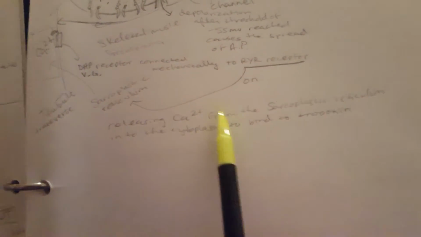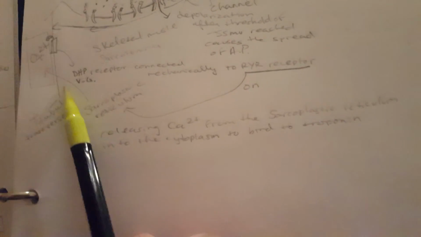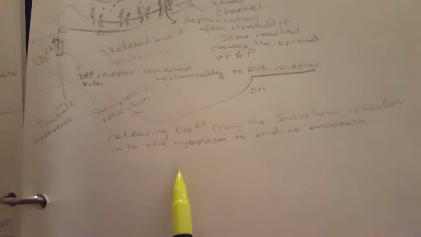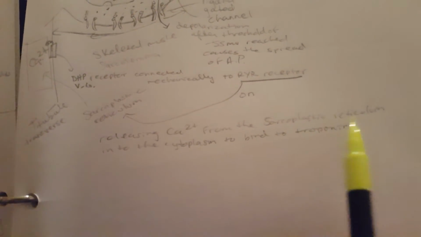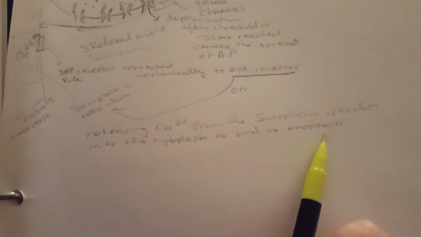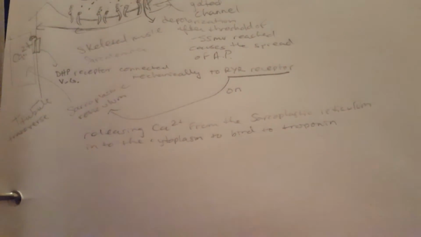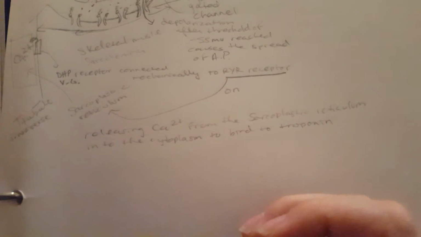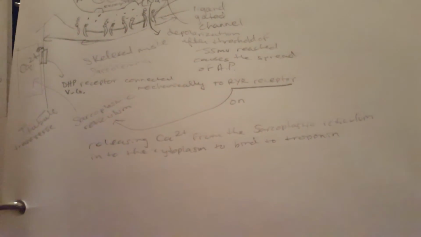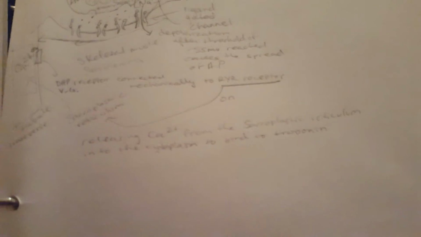Now, again, when we release that calcium from the sarcoplasmic reticulum, it can go into the cytoplasm, and then it's going to bind to troponin, and then that troponin is going to move the tropomyosin out of the way so that actin can bind to myosin and we can have a contraction. And that's it.